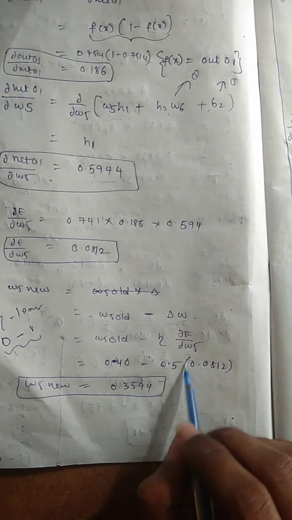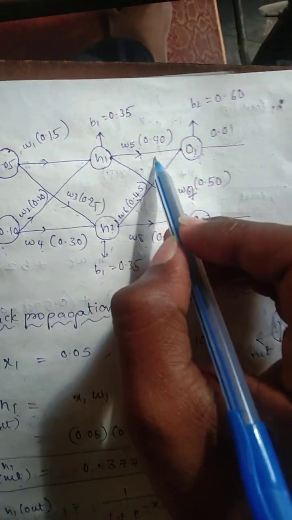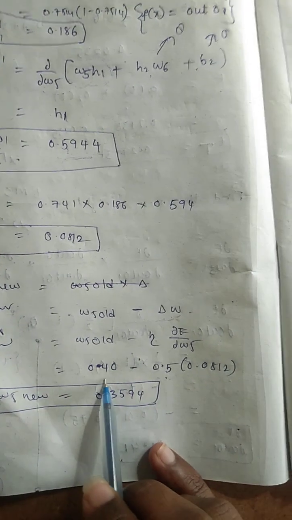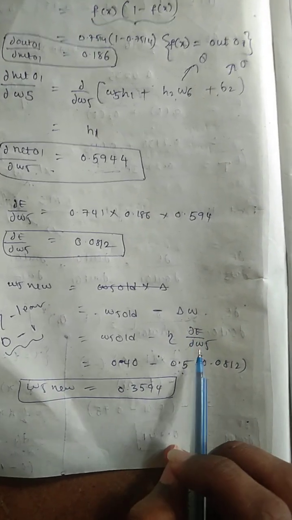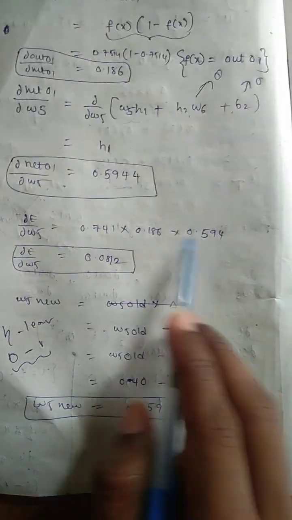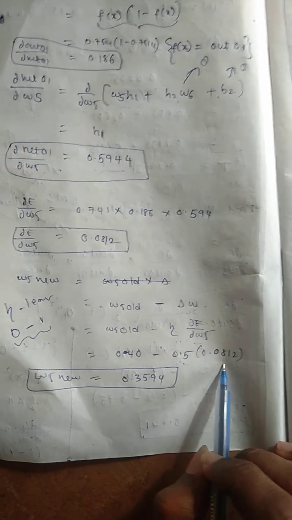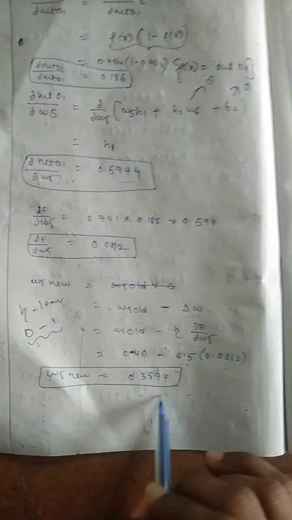Generally we can take 0.5, so I consider 0.5. W5 old means the question mentioned 0.40, that's the W5 old value. So the W5 old value is right here, minus eta. Eta means 0.5, as I already told. Dou E by dou W5, the three values multiplied here, right? That value we can replace here. Then if we simplify it, we get the W5 new value.